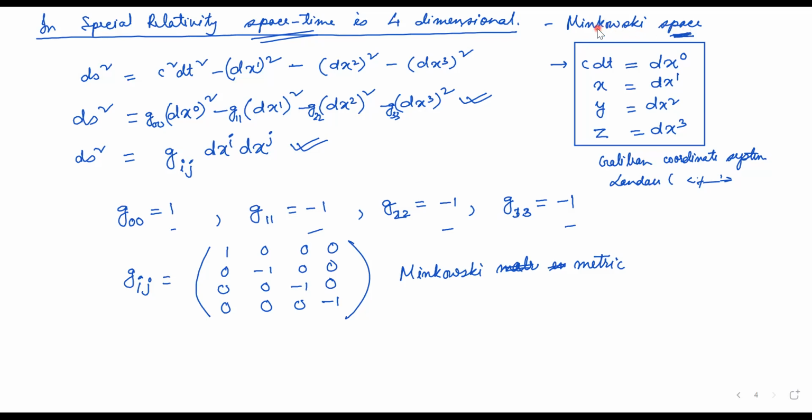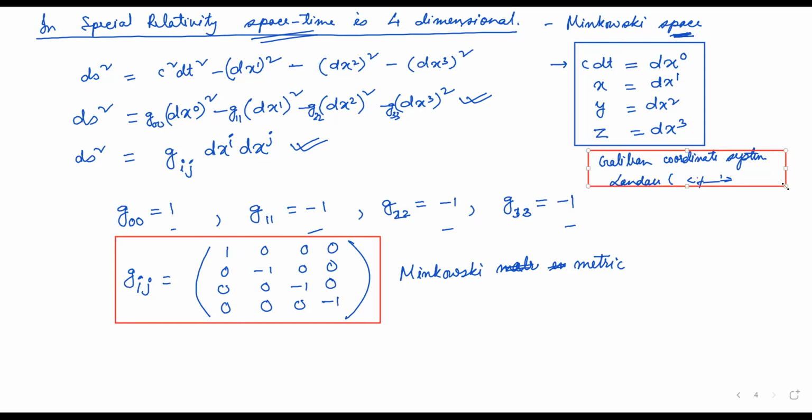So the Minkowski space metric tensor has this form if you use the Galilean coordinate system. But instead of the Galilean coordinate system, if you use the spherical coordinate system, then the form of the metric tensor will change.